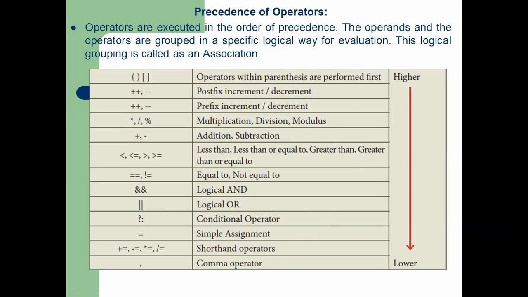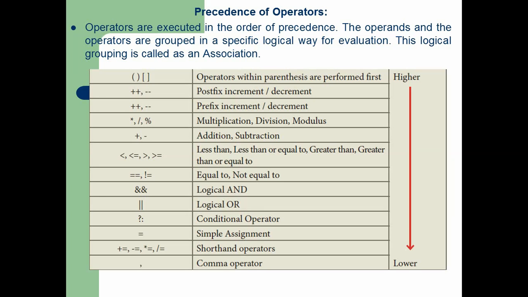Next one is the precedence of operators. What is precedence of operators? Operators are executed in the order of precedence. We know there are many operators, and we already discussed many operators in C++.